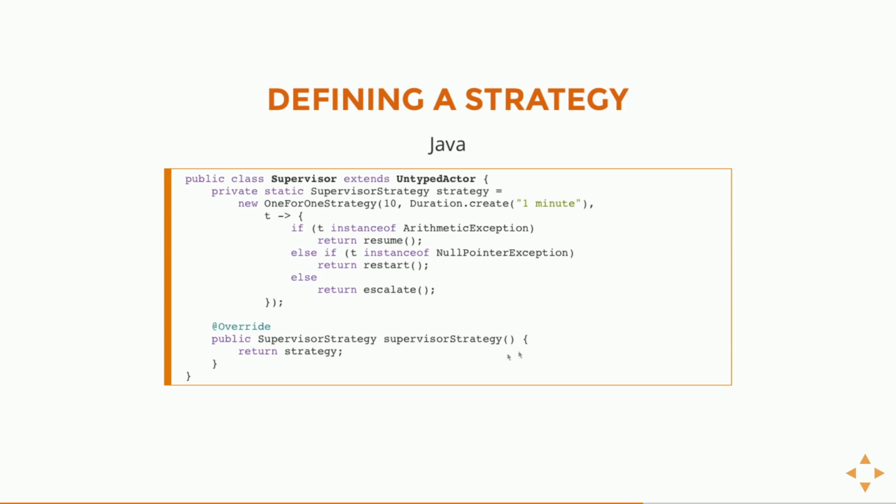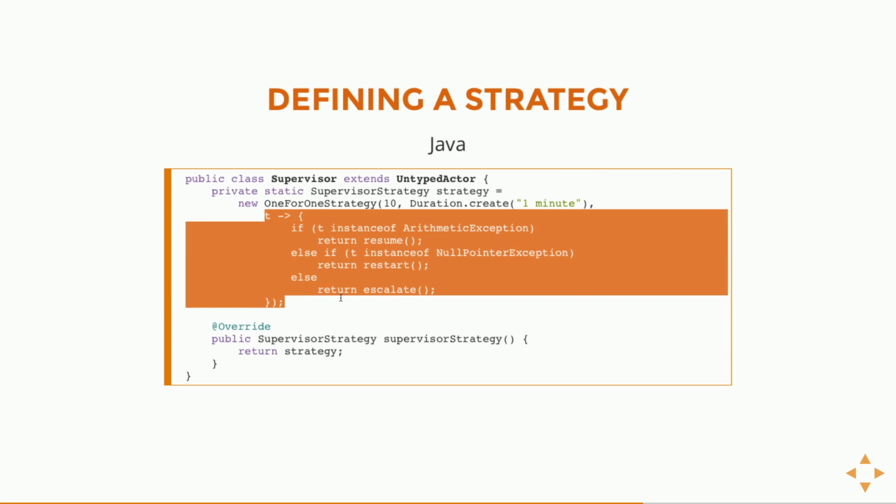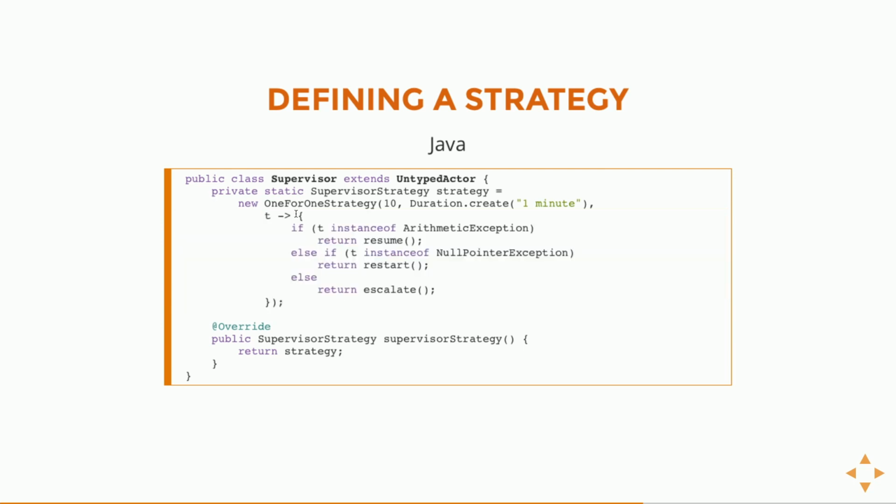And then we have a number, the 10 right here, that says how many times we can encounter a failure before we should undertake any action. And then you have the duration in which the 10 failures should be encountered. So in this case, if 10 failures are encountered within a minute, undertake this action. Oh no, I just explained that a bit wrong.